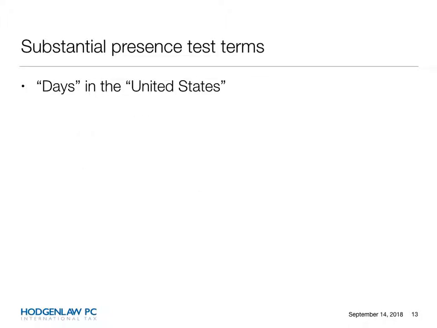So before moving on, let's break down the terms that make up the substantial presence test. Let's start with days in the US. Sounds pretty simple, but there's actually quite a bit to think about, much like everything else in tax law.